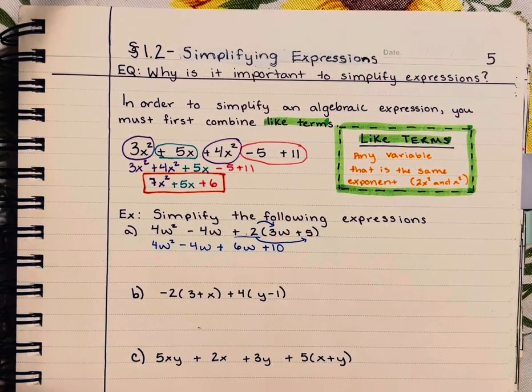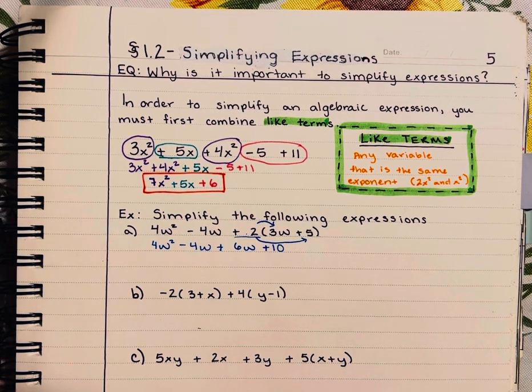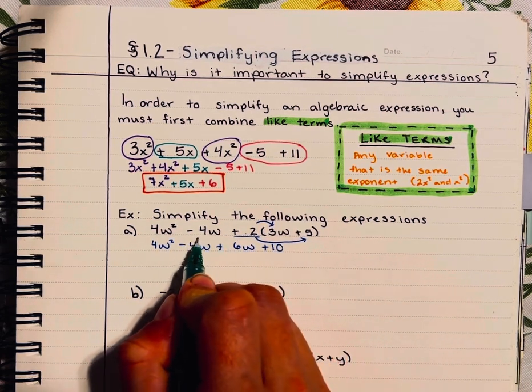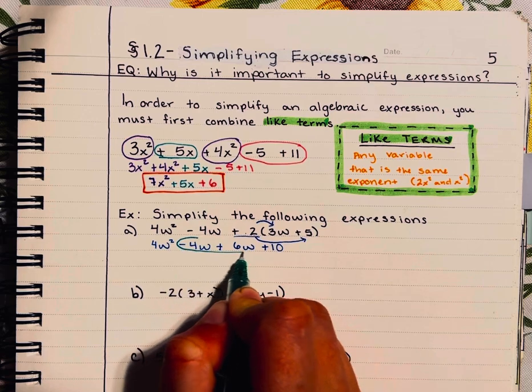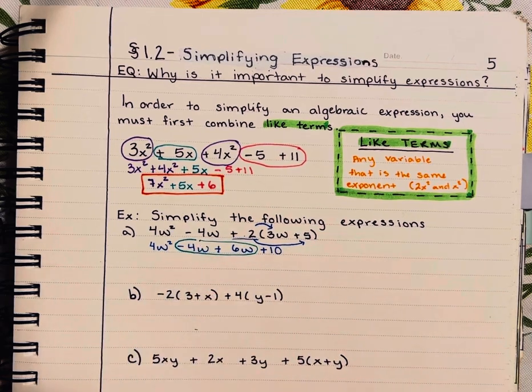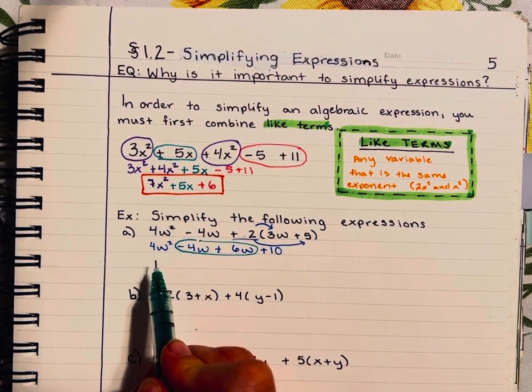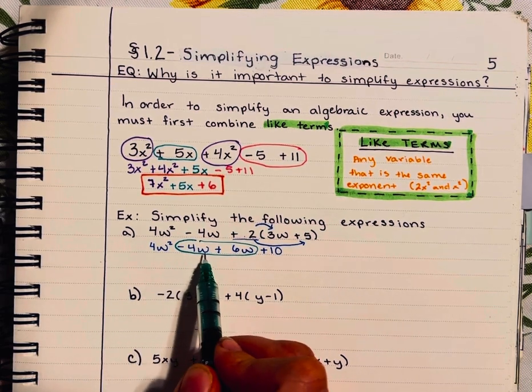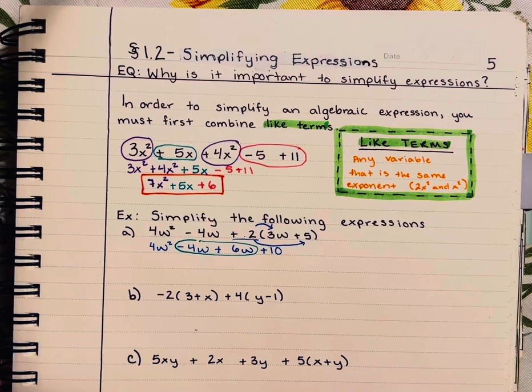So now I have my expression expanded, so it's easier for me to combine the like terms. And in this case, the only like terms that I have are the -4w and the 6w. Even though there's this 4w squared here, it has an exponent of 2, where this has an exponent of 1, so they're not going to be like terms.